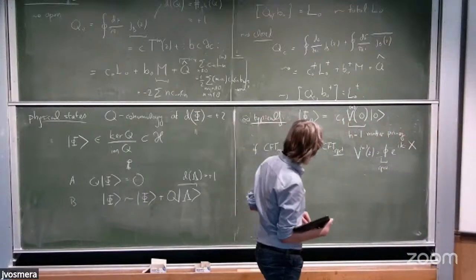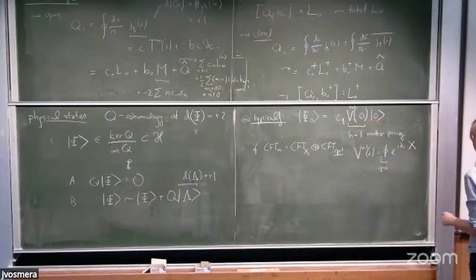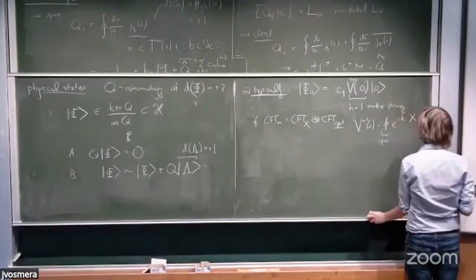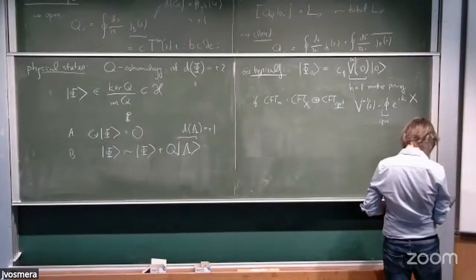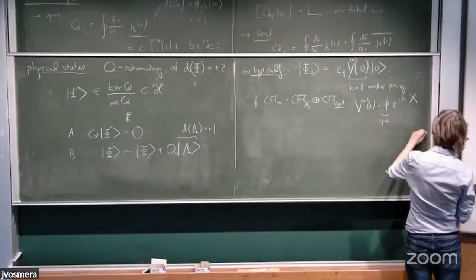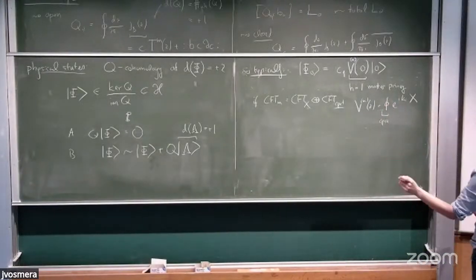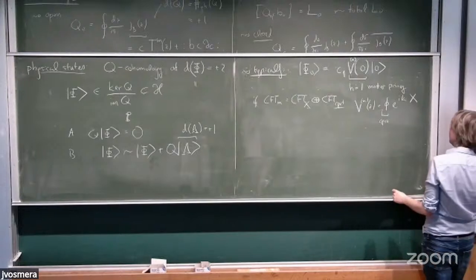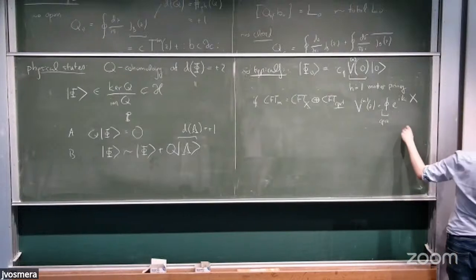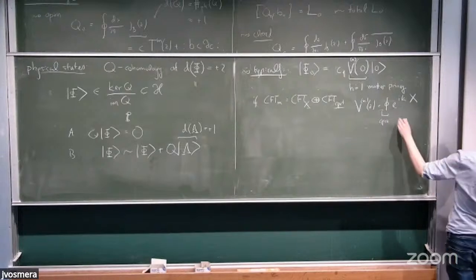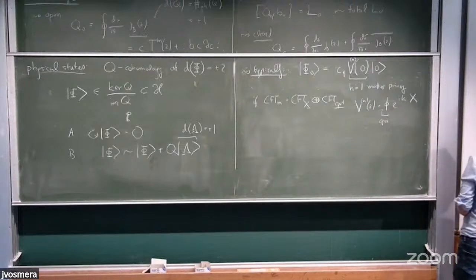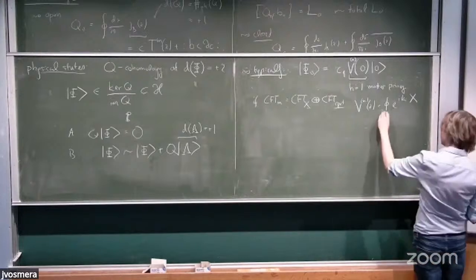So that thing will always be a matter primary. Then of course I can also consider some boson oscillators in front of this exponential. Then I would have to satisfy some additional conditions in order for that to be primary.